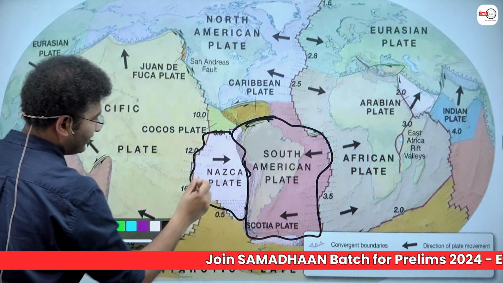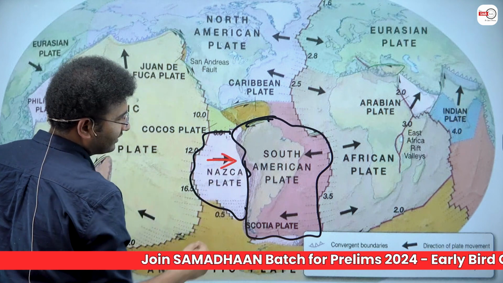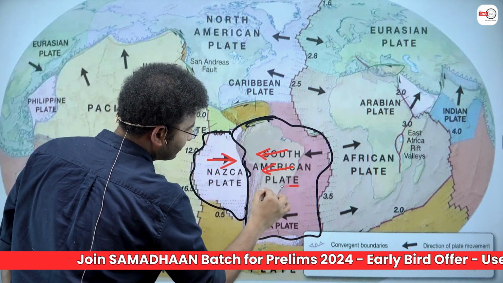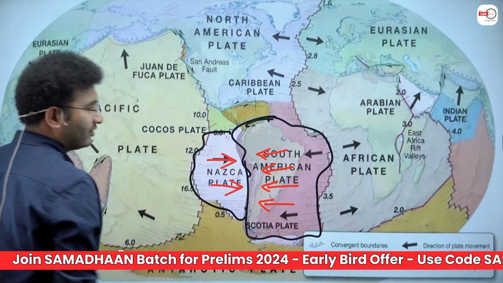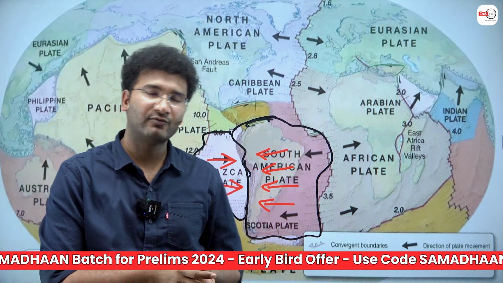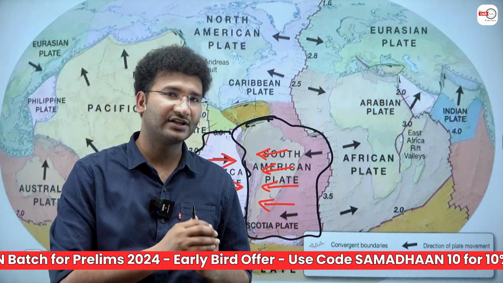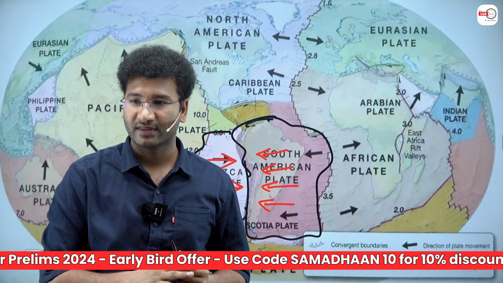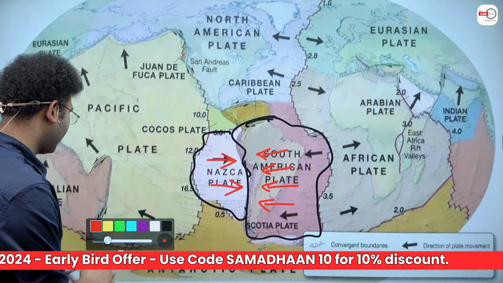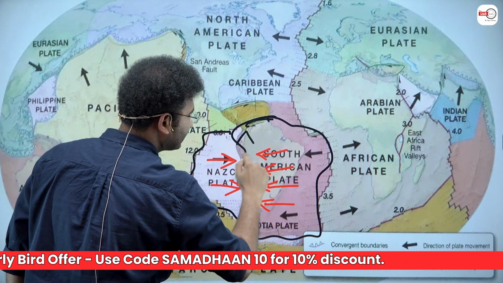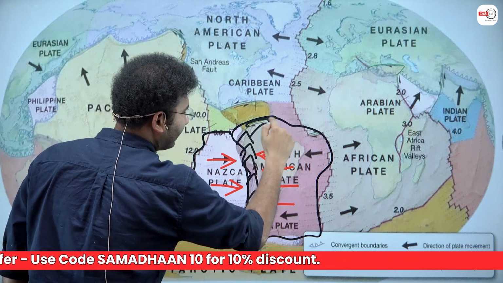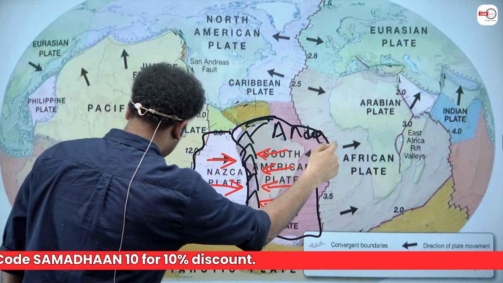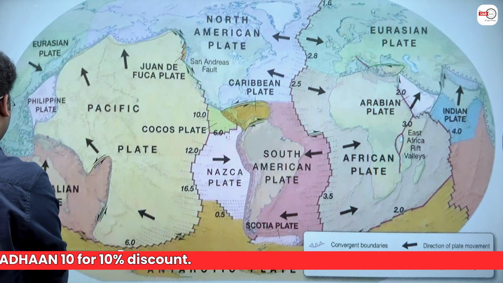See, here the Nazca plate is moving in this direction and the South American plate is also moving in this direction. Now, what kind of processes are involved here? What are the landforms being formed that you need to know? See, here you will also get mountains. These mountains are the Andes. So let me show you in practical terms.